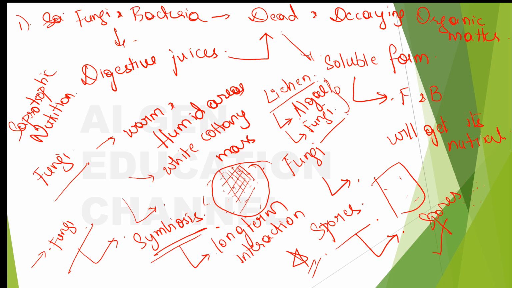This complex association is like a hybrid colony, where the algae and fungus live together, and this is called lichen.